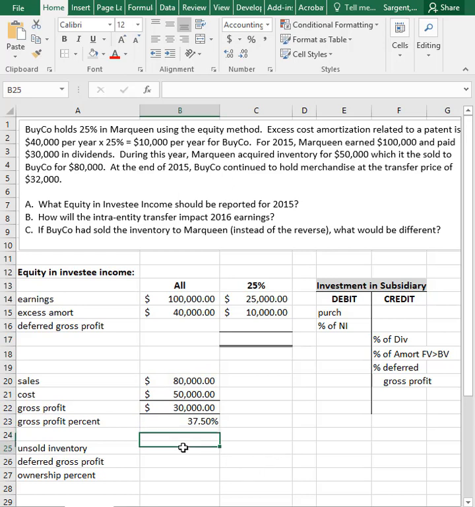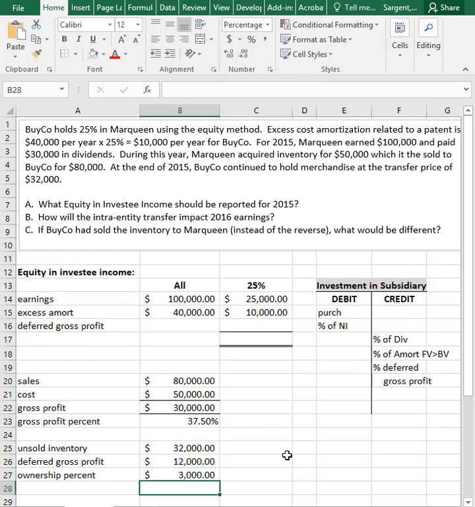Okay, so how much of the inventory, how much of the $80,000, is still around at the end of the year? And they tell you $32,000. So we have to take the profit portion out of that. So we have to take that times our gross profit percent. Now, that's for all of the sales, but BuyCo only owns 25%.